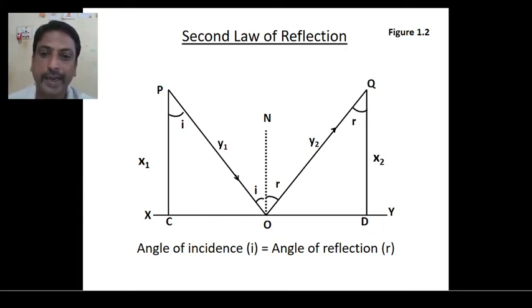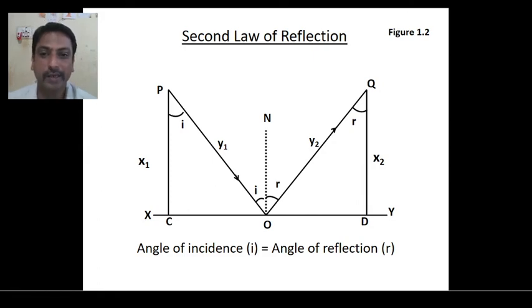A ray of light is made to be incident along PO. ON is the normal drawn and OQ is the reflected ray. The angle between the incident ray and the normal is taken as the angle of incidence and the angle between the reflected ray and the normal is taken as the angle of reflection. Here i and r are the angle of incidence and reflection.